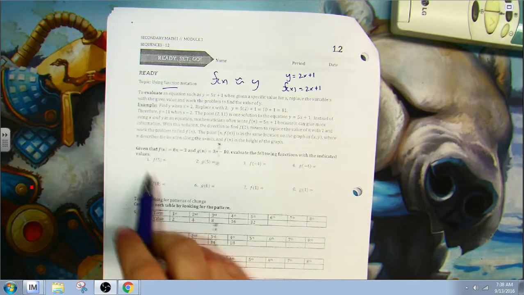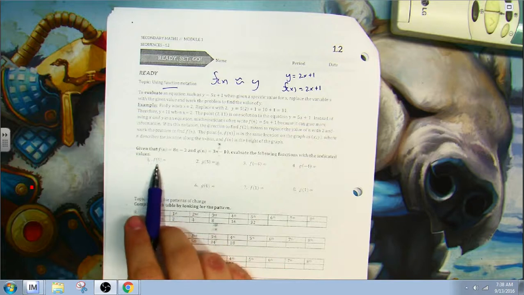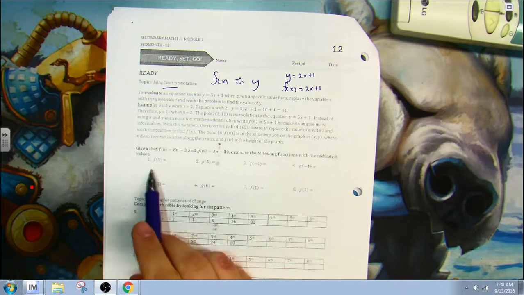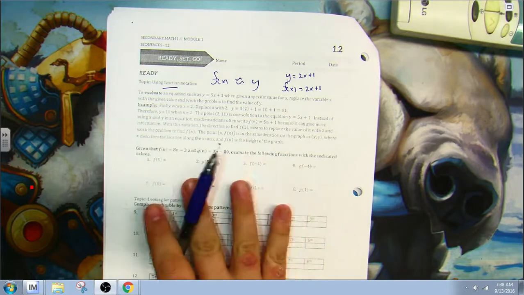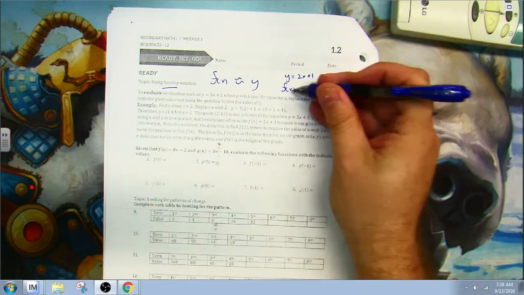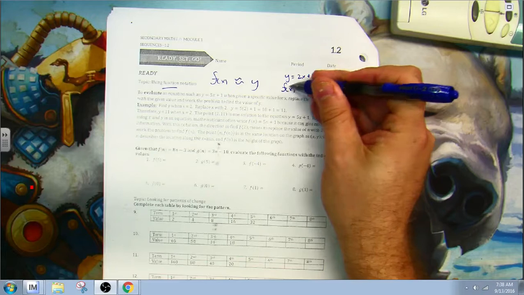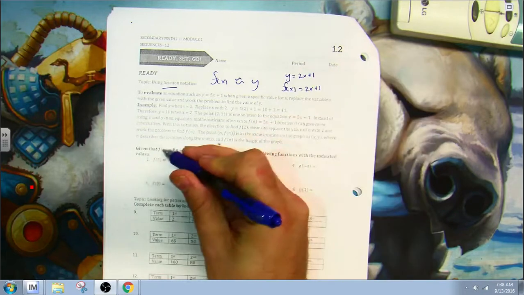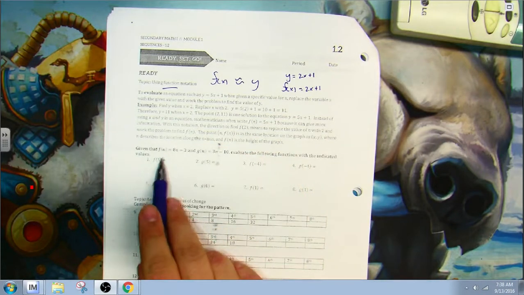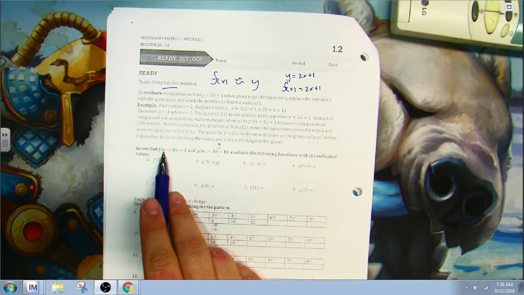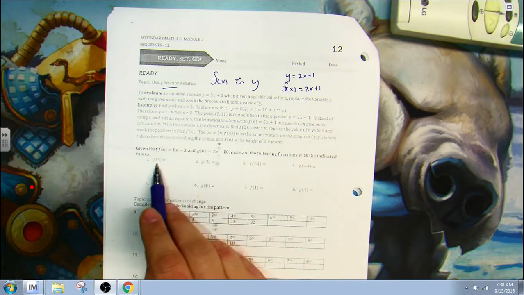So for example, when I look at these example problems here, this is asking me to find f of 5. And you might be thinking, what is that, f times 5? But that's not f times 5. What that means is previously we would have f of x, or in this case it's f of n. And so what this is asking us to do is wherever we see an n in f of n, so f of n is 8n minus 3, we are instead going to write a 5.